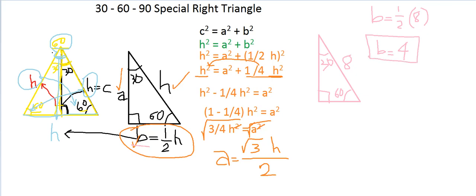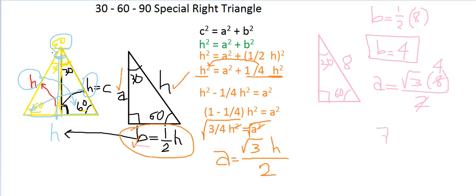So we need one more side, which is our A. So A here, this is the square root of 3 times your H. Your H again is 8. All over the denominator here is 2. Now 8 divided by 2 is 4, right?